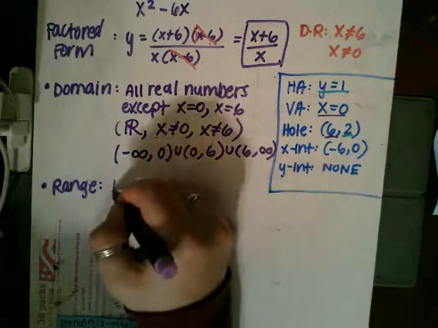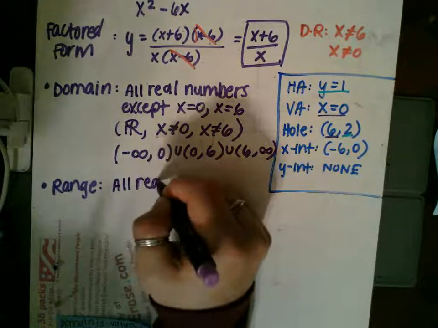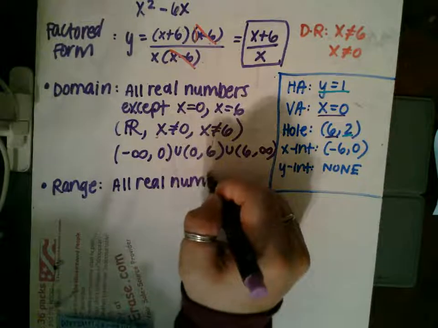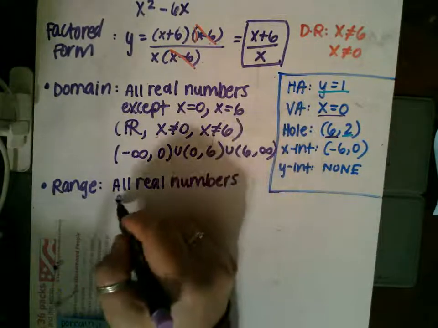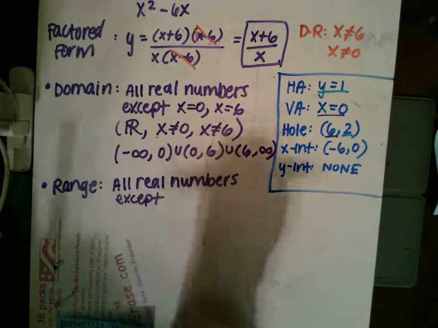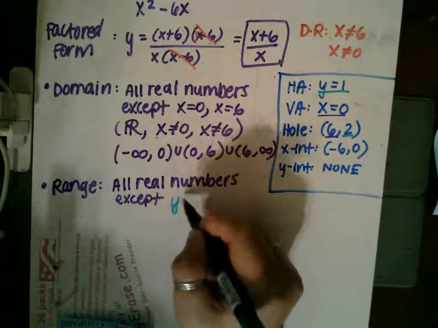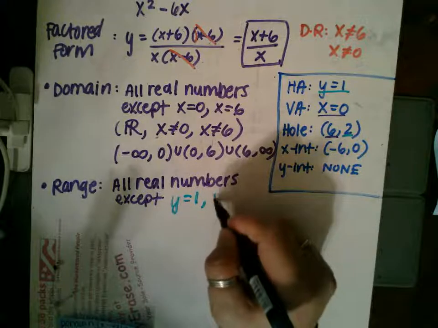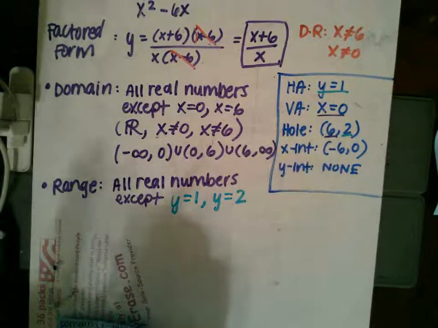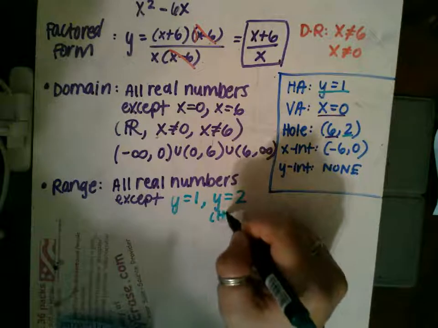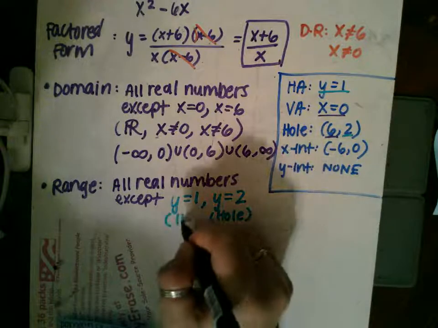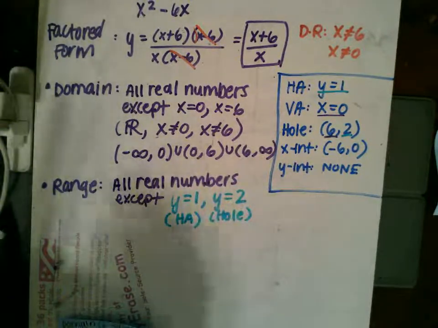So our range is going to be all real numbers, again, except that horizontal asymptote value, except y equals 1 and y equals 2 from the hole. So this one is from the hole. This is from the horizontal asymptote.